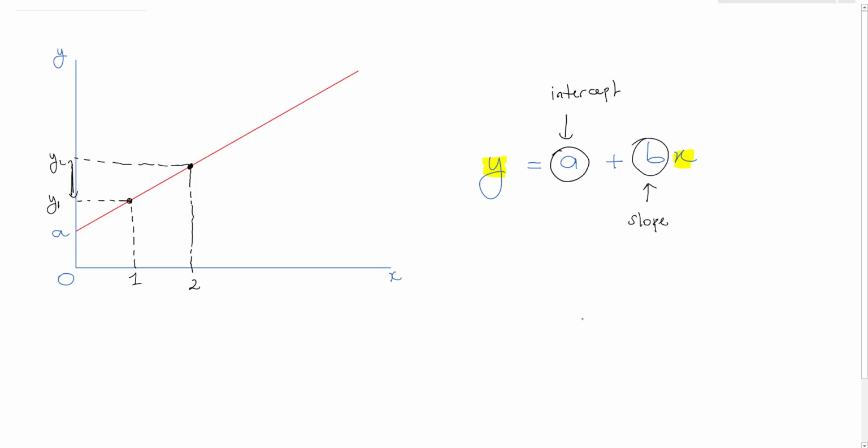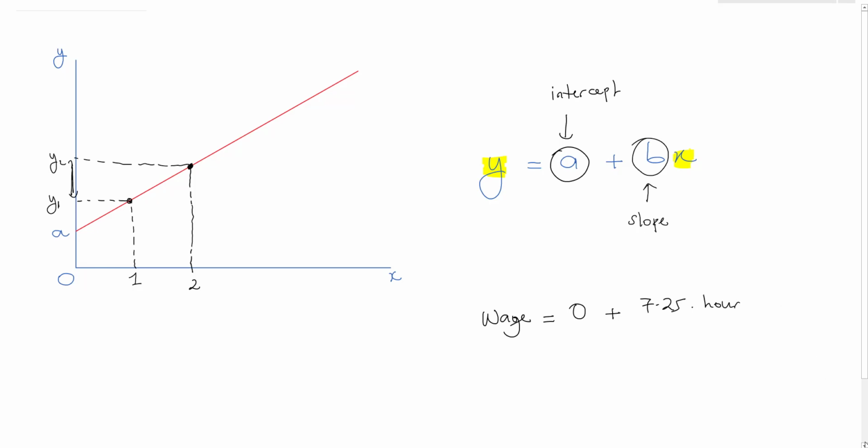Now, to give you an example that is in a specific context, let's say that we're looking at wage is equal to 0 plus 725 and then hour.